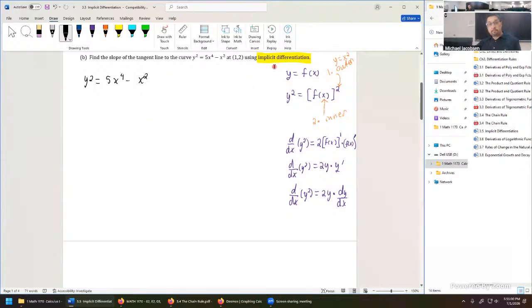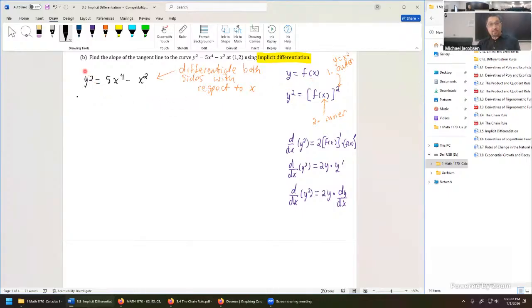If it says using implicit differentiation, what we mean is differentiate both sides with respect to the variable x, which seems weird. On the left-hand side, there is no variable x, but recall y is truly some function of x. We're just not going to solve for it this time like we did in part A.